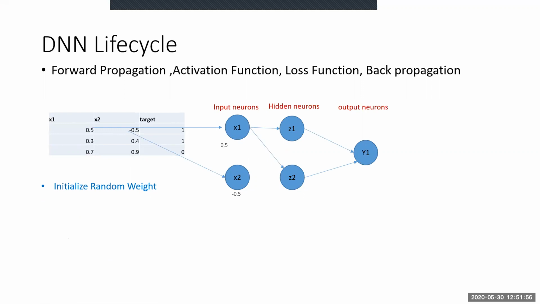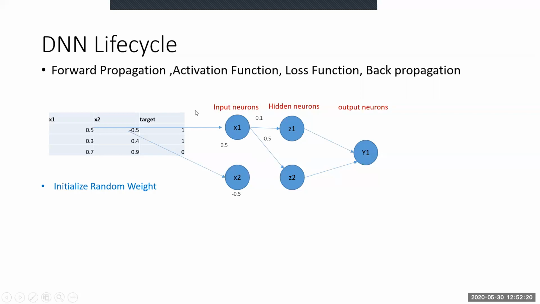For each input neuron, if you see, it would be connected to all the hidden neurons. So if there were 4 hidden neurons, there would be 4 connections from this x1, right? Now x1 would be associated with z1 and z2. We would initialize the weights for x1.